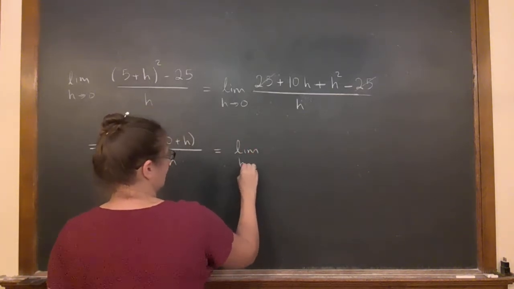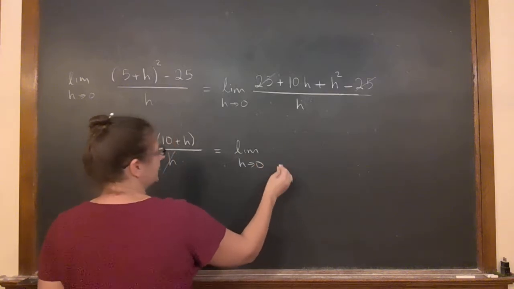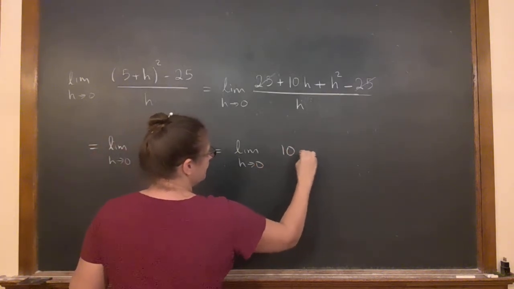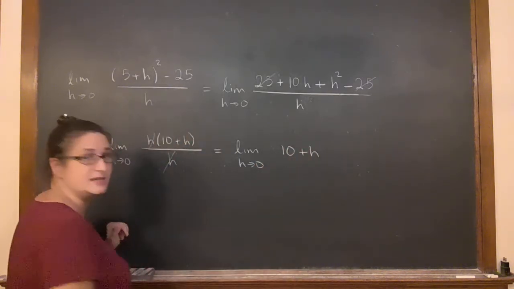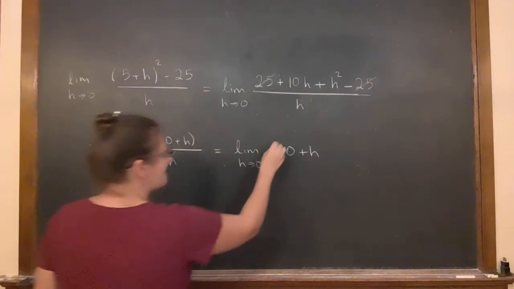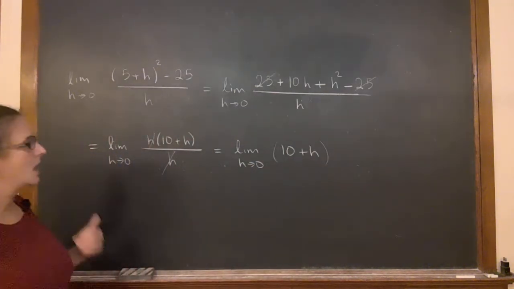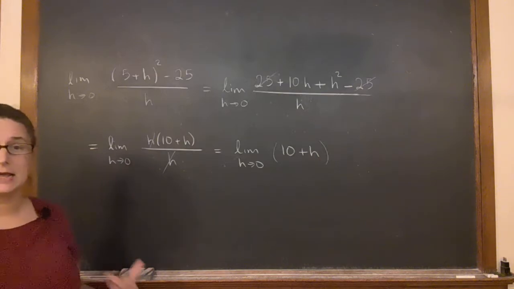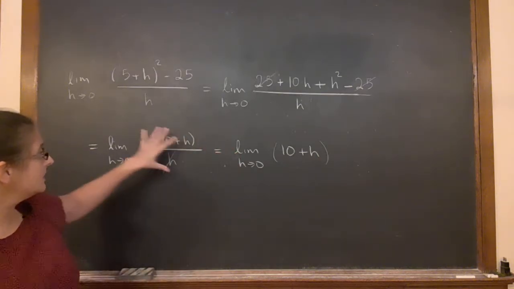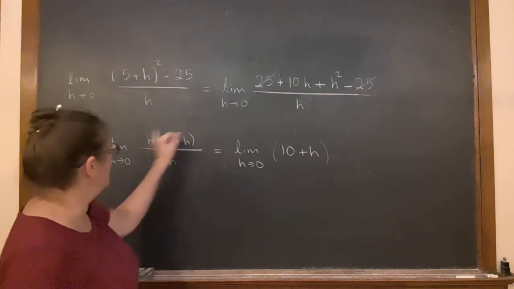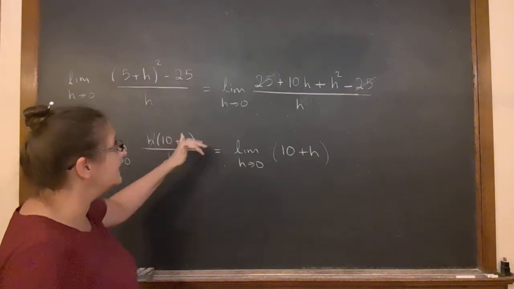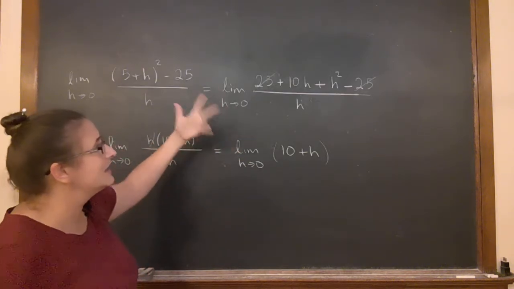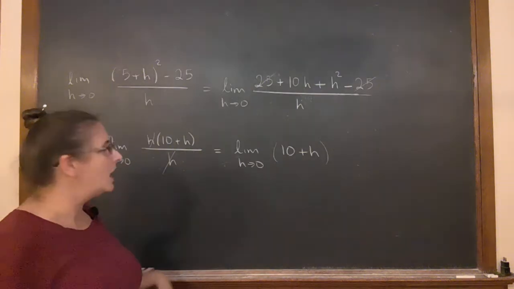Once the h's cancel out, I end up with something very simple. And now all I have to do is let h go to 0. Until I cancel out these h's, I can't put in 0 because I'll still get 0 over 0.